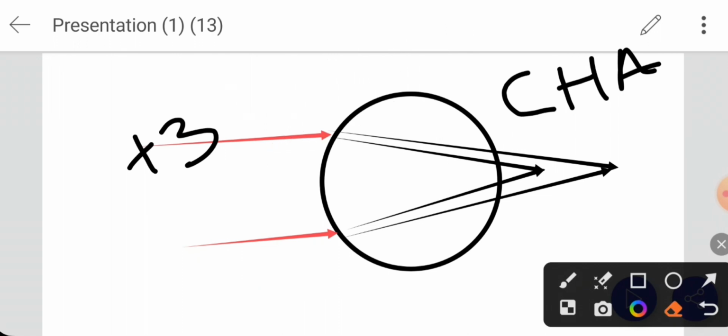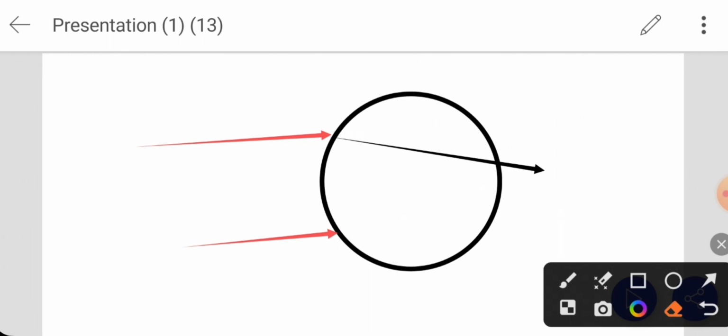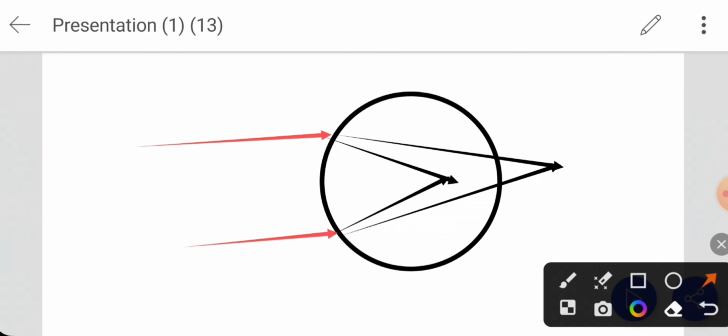Now let's take another example. Here, one light ray gets focused in front of the retina, another light ray gets focused behind the retina. So it is called mixed astigmatism. So how to write a mixed astigmatism example?